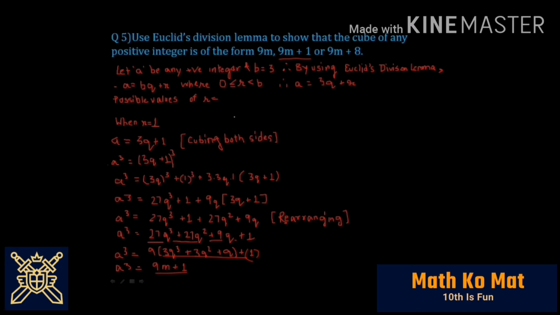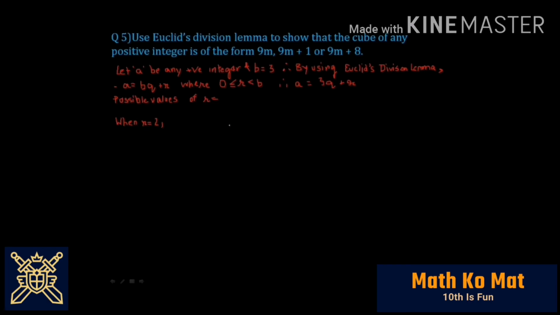Now we'll check for the third value, that was 2. So when r is equal to 2, a is equal to 3q plus 2, and on cubing both the sides we get that a cube is equal to 3q plus 2 whole cube. Now again we'll use the identity.